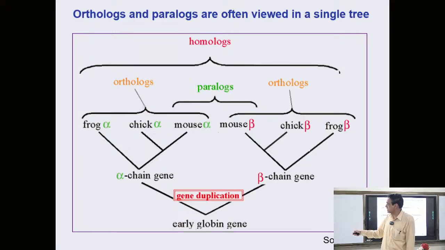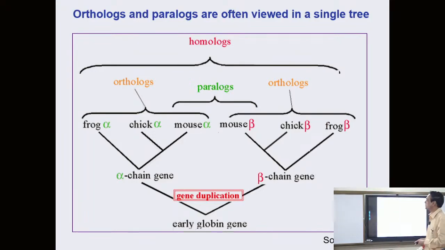So chicken alpha will come here and then tracing back, they are meeting here, right? And this is a point of duplication or speciation. Speciation, right? So you will say that they are orthologs. So it is a very simple way. First you have to make a tree, and there are methods to make a tree, and then trace back and see where they meet. If the tree is annotated with duplication and speciation, then you would be able to infer which genes are orthologs and which are paralogs.